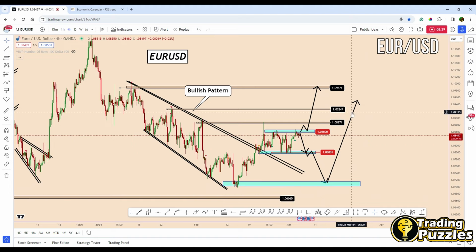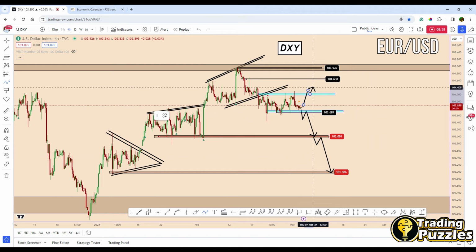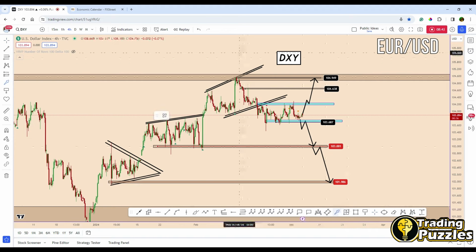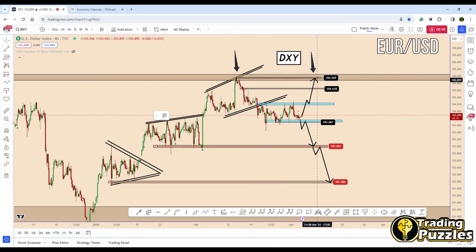So we have to be careful from this bullish movement, and overall this will be in line with the dollar index. So if we are going to see the dollar index to bounce above this area, it may test the top at this point, and in this way it will create a double top formation. This double top can push the price down again.